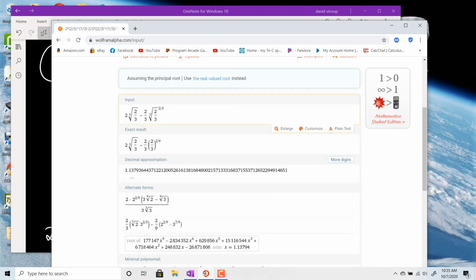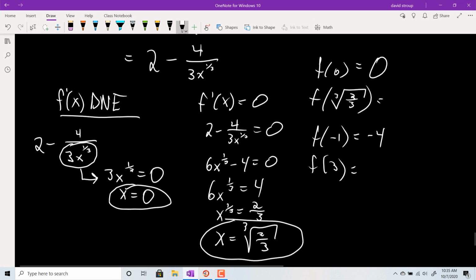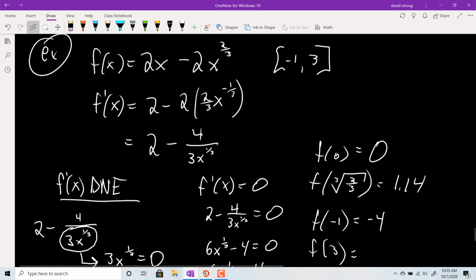Oh, there it is. 1.137. So 1.14. The second one. And then the last one, if I put in 3, I'll have 6 minus 2 times 3 to the 2/3, which is about 1.8.